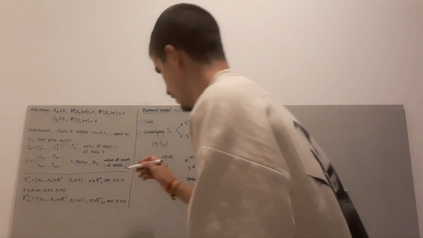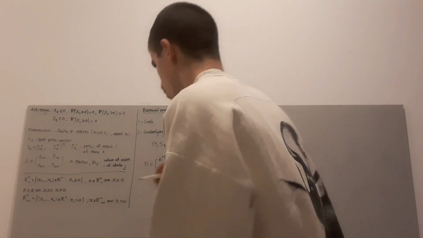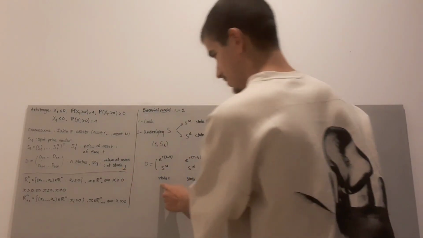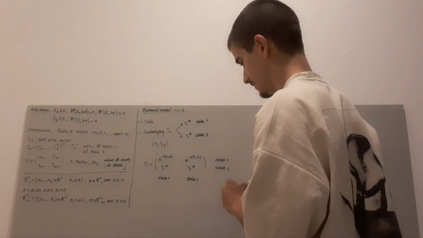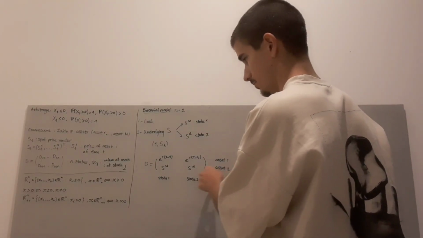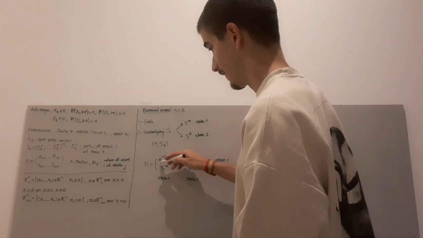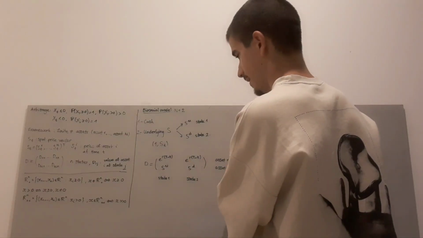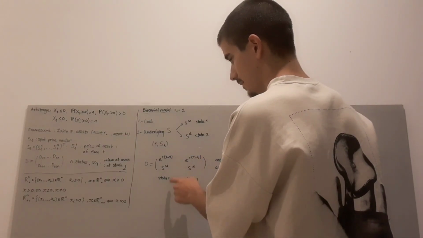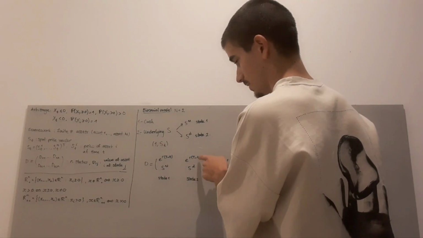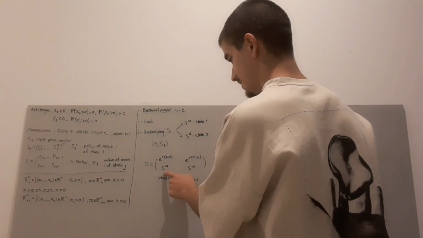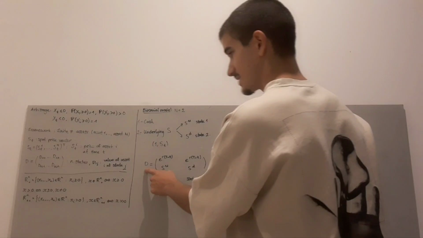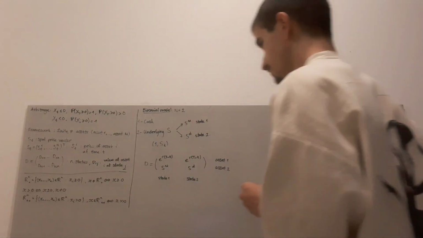Now, if you notice, the columns represent different states, state 1, state 2, and the rows represent the different assets, asset 1, asset 2. So the value of cash in state 1 is this, the value of cash in state 2 is the same thing, and then the value of the underlying asset in state 1 is S_u, and in state 2 it's S_d. So this is what D would look like in our scenario.